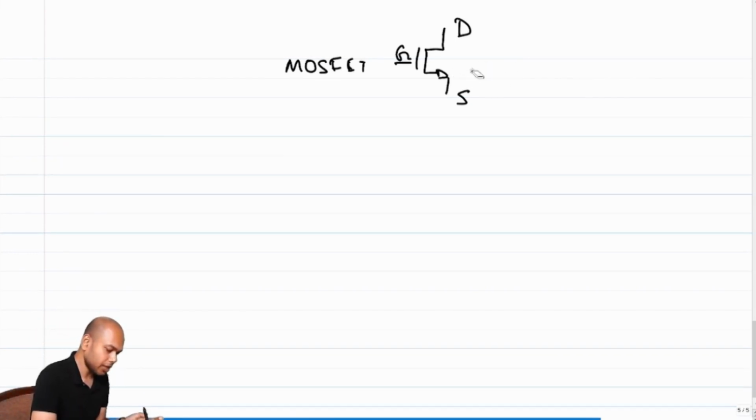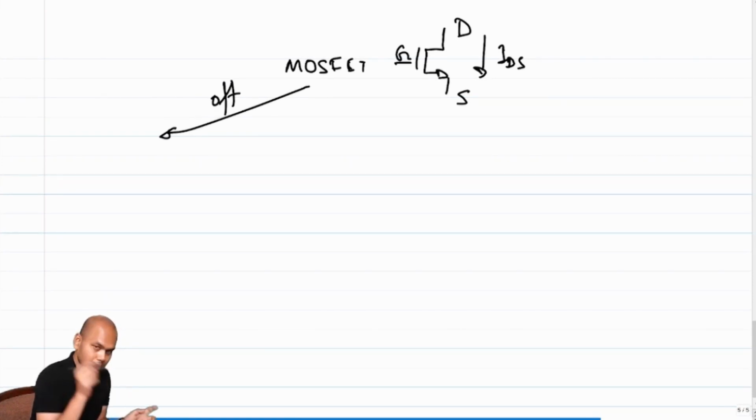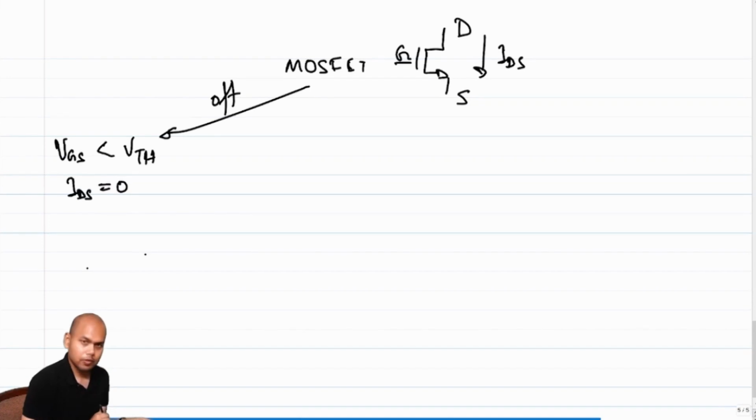The arrow is pointing to the direction of current flow, right? So the current direction is IDS. The regions of MOSFET are, number one, the off region, or when the MOSFET is off, that is VGS is less than threshold voltage. In that case, IDS is equal to 0.